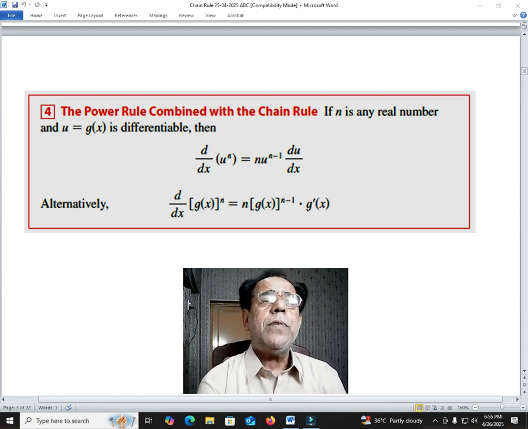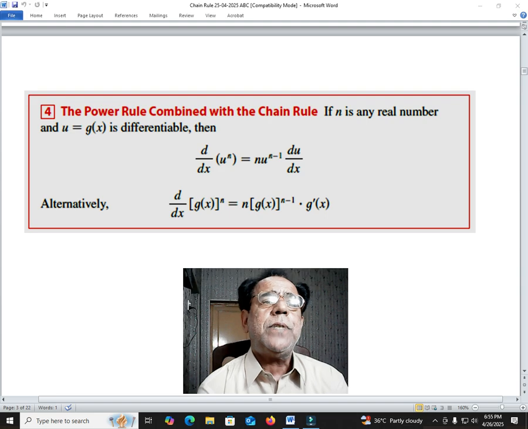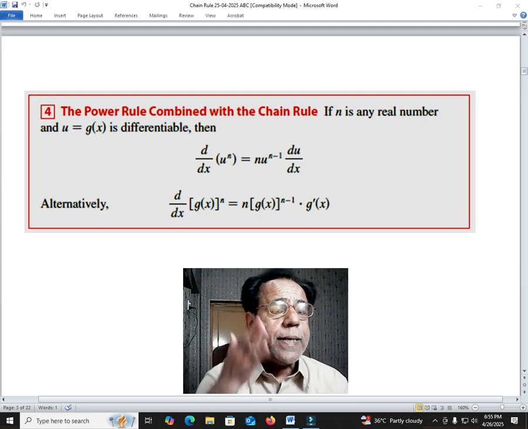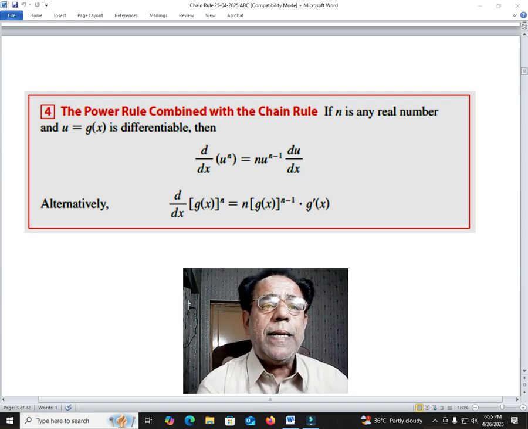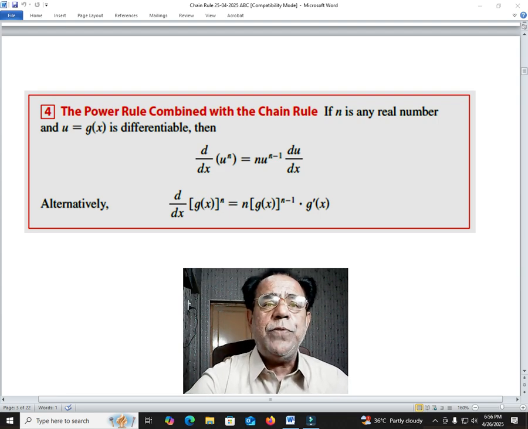The power rule combined with the chain rule: if n is any real number and u is equal to g(x) is differentiable, then d/dx of u^n is equal to n u^(n-1) du/dx. Alternatively, d/dx of [g(x)]^n is equal to n [g(x)]^(n-1) · g'(x), the derivative of g(x).